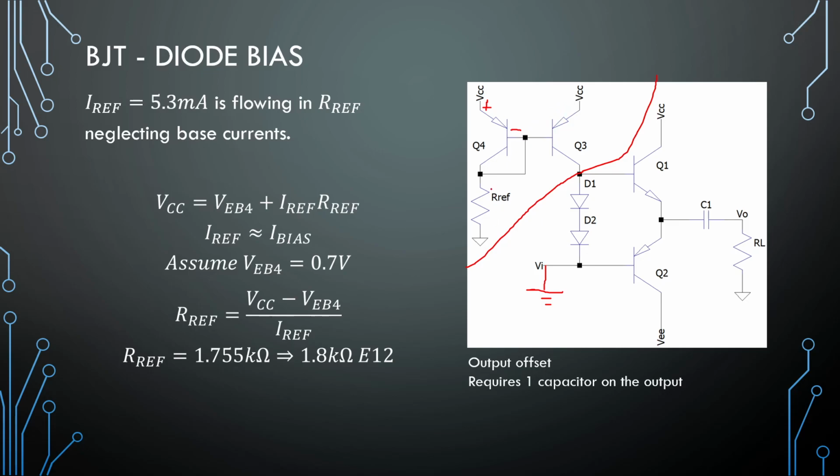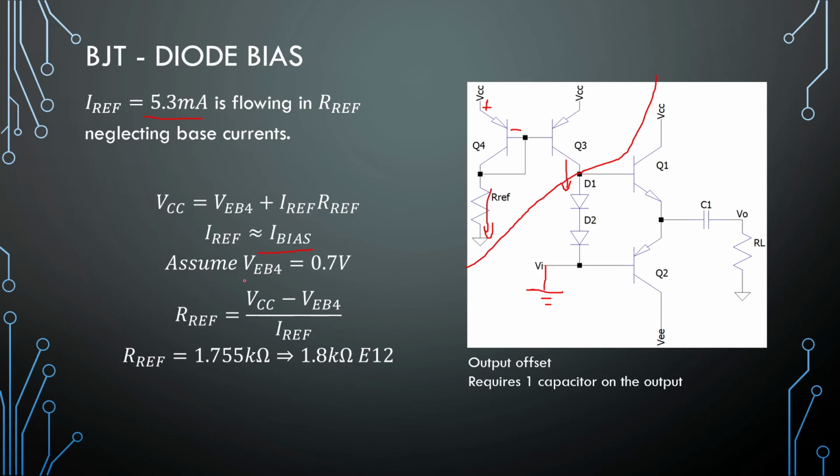So if they are the same, it means that the current in the reference is duplicated here for the bias. Okay, so if our reference current is 5.3 milliamperes, our bias current would be roughly 5.3 milliamperes. So this is called a current mirror. So what it sees on this side will be mirrored over to that side.